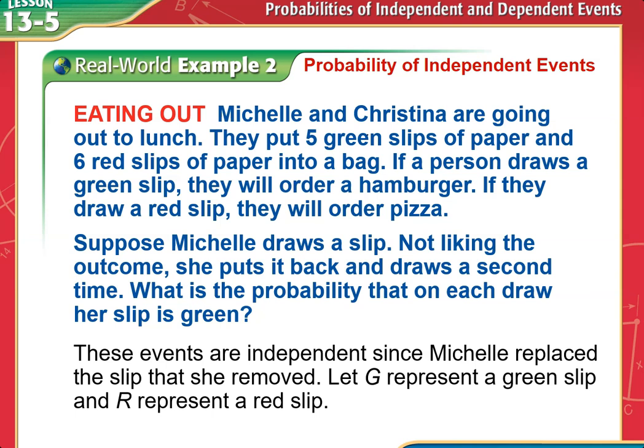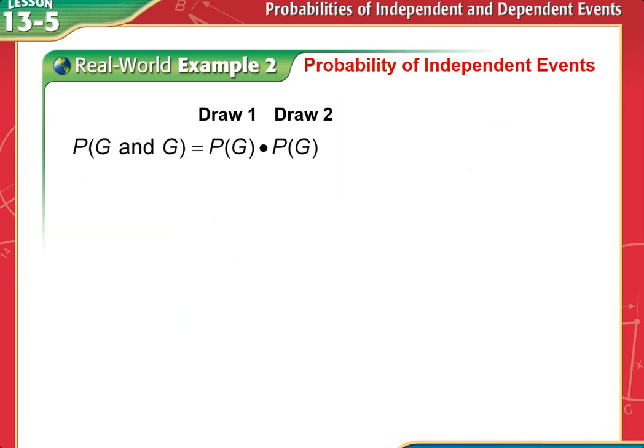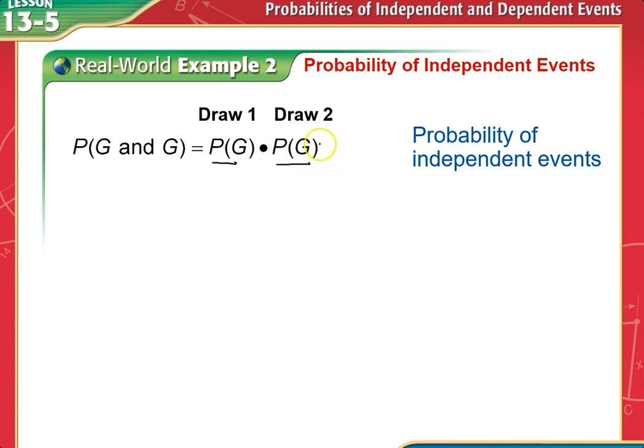So we can find the probability that the first and the second selection are both green. That would be the probability of green and green, or the probability of green multiplied by the probability of green.